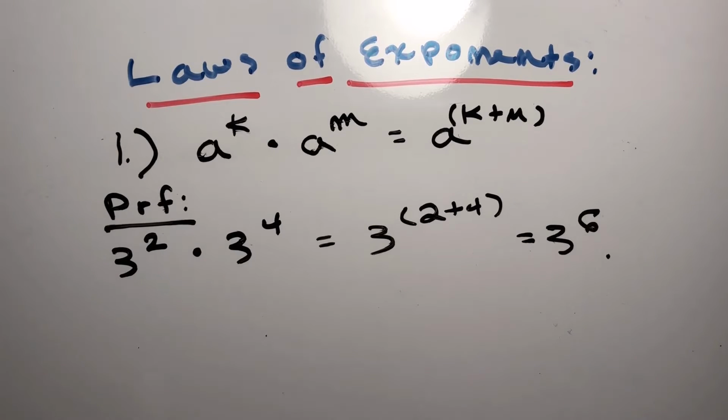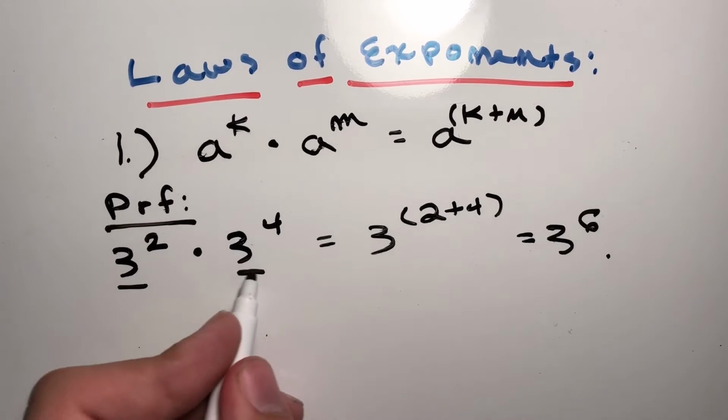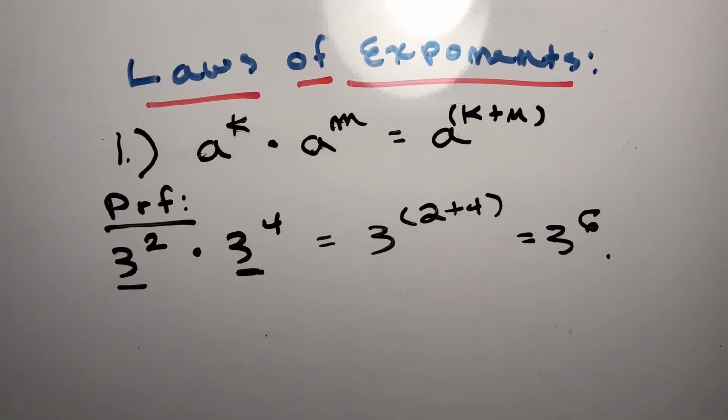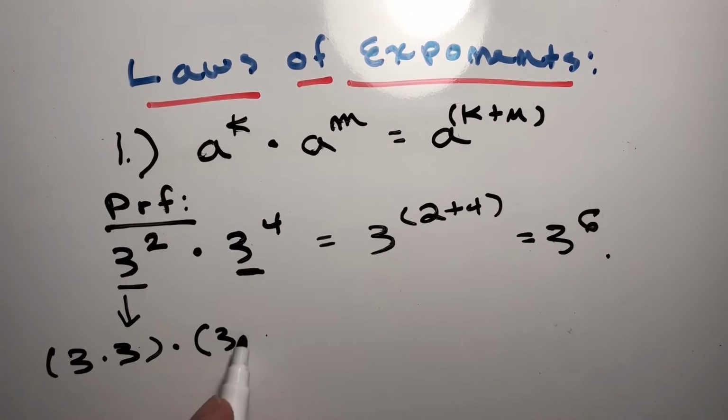Great. But why is this true? The way to prove this law is we have to look at, okay, what is 3 to the second actually saying? Well, we know it's saying 3 times 3, because we have 3 squared, which is 3 multiplied by itself twice. And then we're multiplying this by 3 to the fourth, and 3 to the fourth is just 4 threes being multiplied by one another, 3 times 3 times 3 times 3. And so now we can see why this law is true.